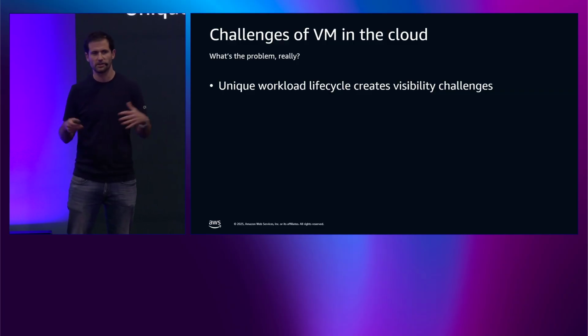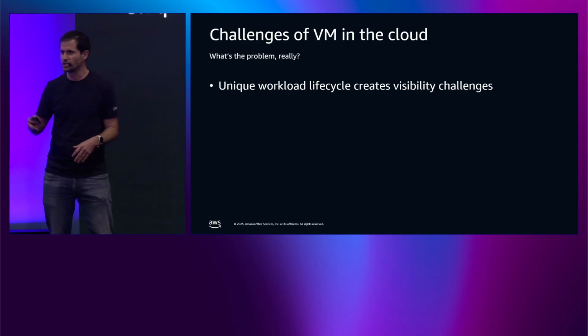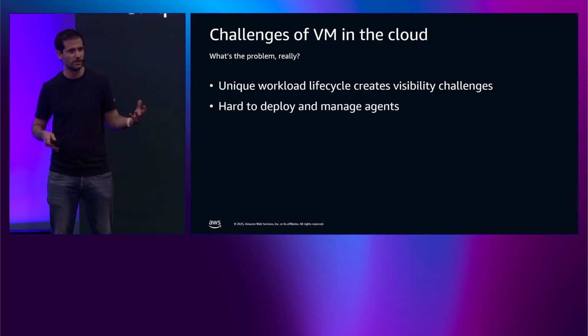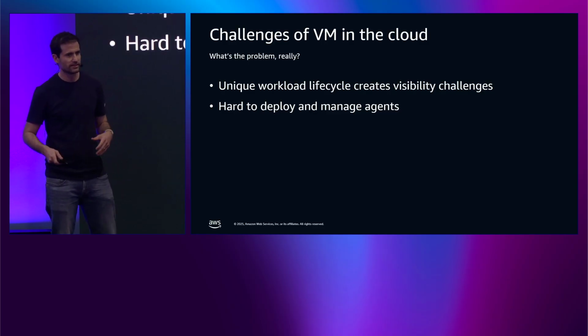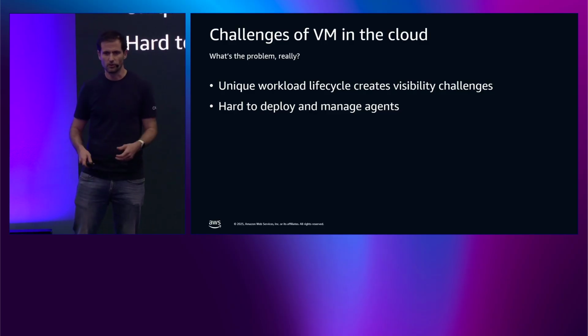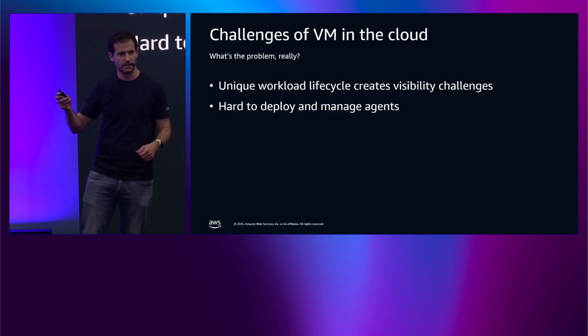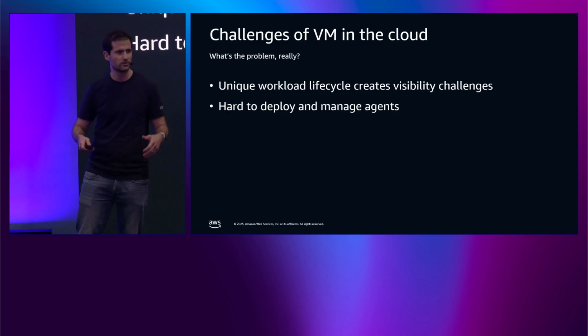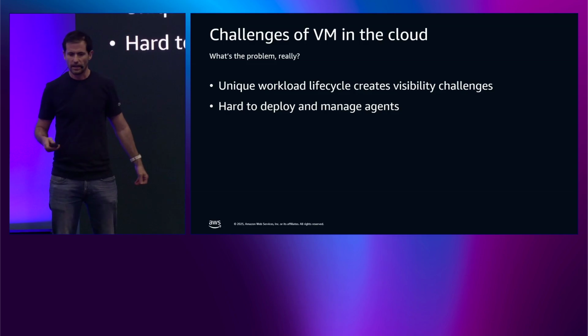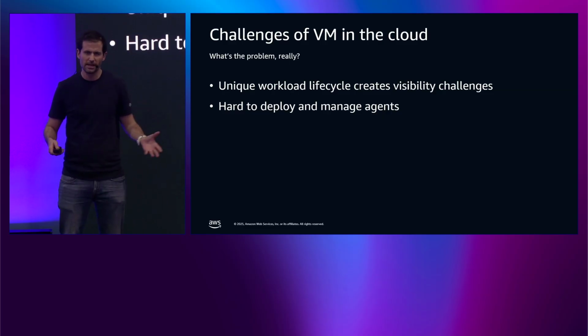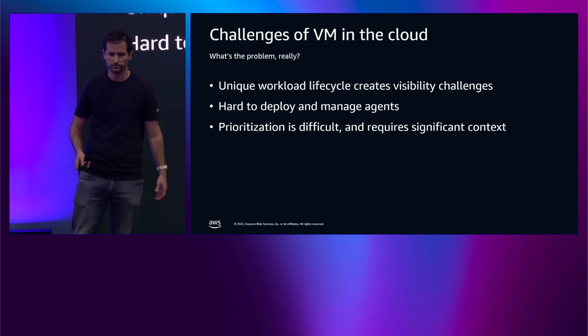They change all the time, which creates challenges of visibility. It's hard to know what's going on. And these visibility challenges make it really, really hard to operationalize agent-based solutions. It's hard to deploy everything. It's hard to manage everything, to create decent coverage. So these solutions basically don't really work in the cloud.